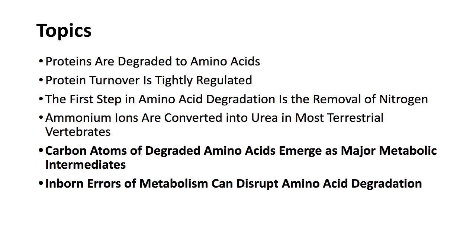So, for today's topic, we will talk about how carbon atoms of degraded amino acids emerge as major metabolic intermediates, and then very briefly, how inborn errors of metabolism can disrupt amino acid degradation.